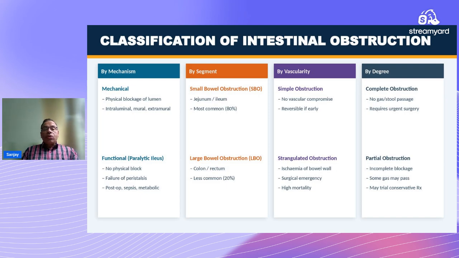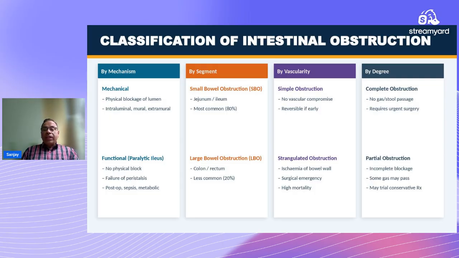We can also classify intestinal obstruction based on whether it gets complicated or it's a case of simple intestinal obstruction. Now, complication means whether the vascularity is compromised or not, because the end result of untreated intestinal obstruction would ultimately lead to a compromised vascular supply to the bowel, leading to ischemic necrosis.